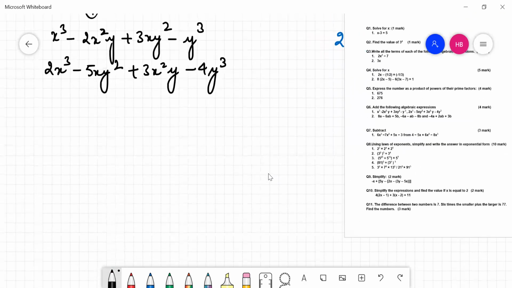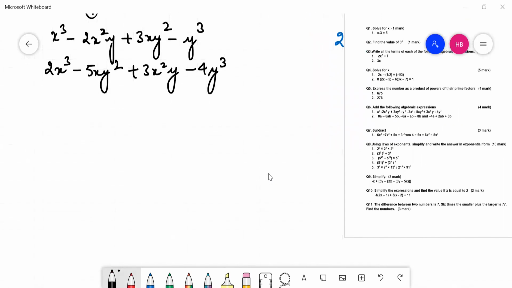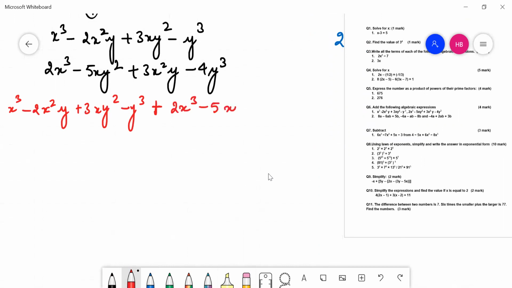I have to add both of them. So if I have to add both of them, I write x cube minus 2x square y plus 3xy square minus y cube, plus, now I will put the addition operator, 2x cube minus 5xy square plus 3x square y minus 4y cube.